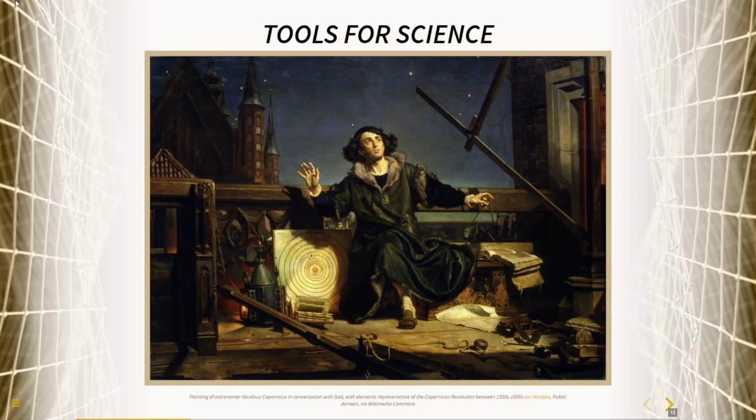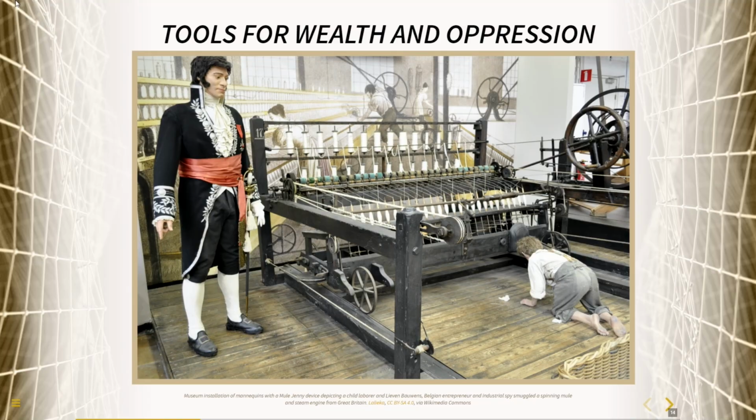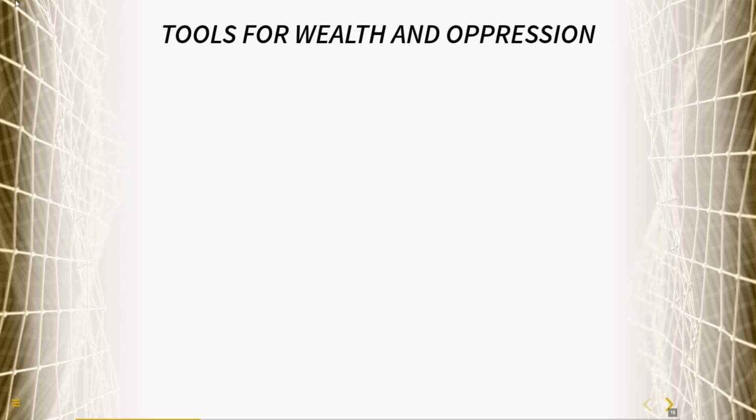Our tools have fueled scientific revolutions, resulting in increased systematization and accelerated global dissemination of our collective and cumulative understanding of physics, chemistry, and the world around us. During the Industrial Revolutions, we created tools like machine-powered looms, the spinning jenny in this case, that created immense opportunities for wealth creation through the mass production of textiles, but these also served as tools for oppression as we continue to force children to work in manufacturing.